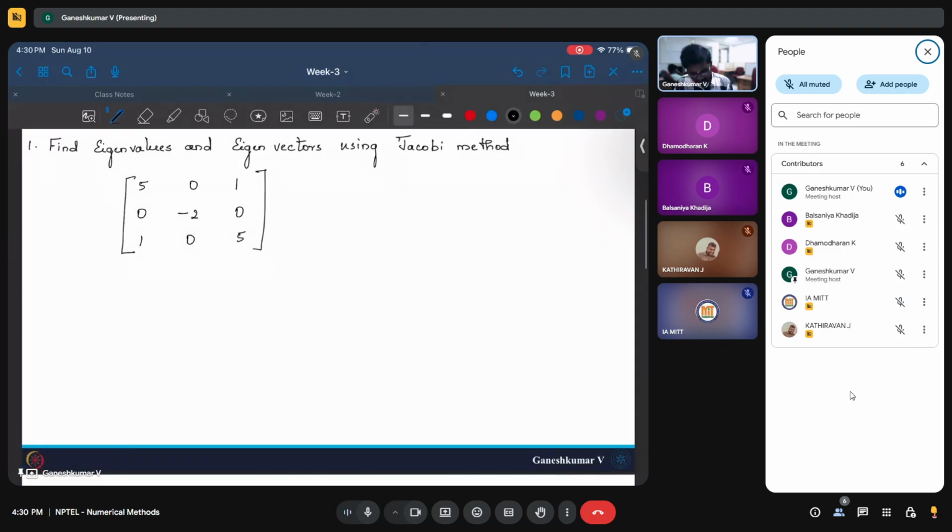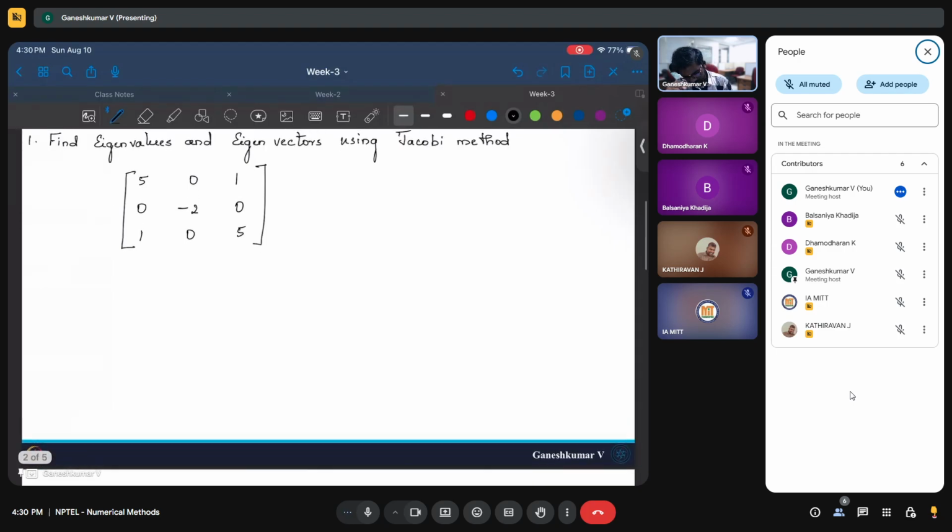If there are no questions, let's go forward and solve a question here. First thing is to use the Jacobi method to find eigenvalues and eigenvectors. I took a simple problem here, and I hope it's also simple in the assignment. As I said, the Jacobi method is only for symmetric matrices. First, you need to check whether the matrix is symmetric or not.